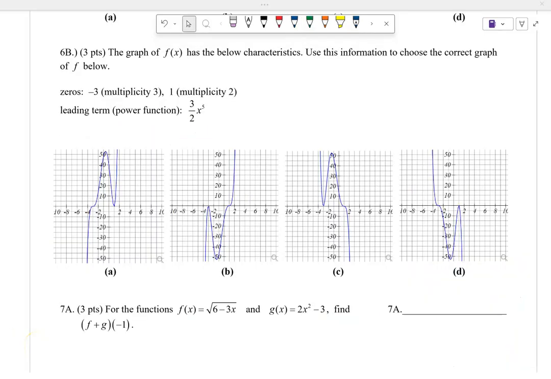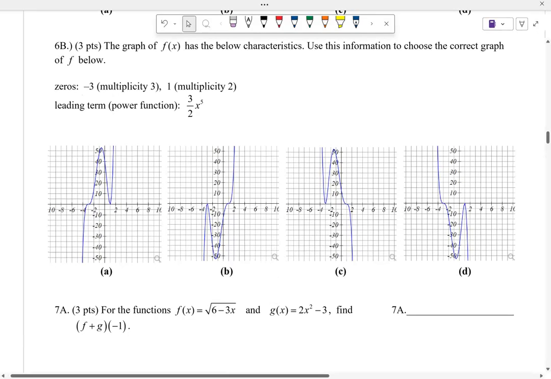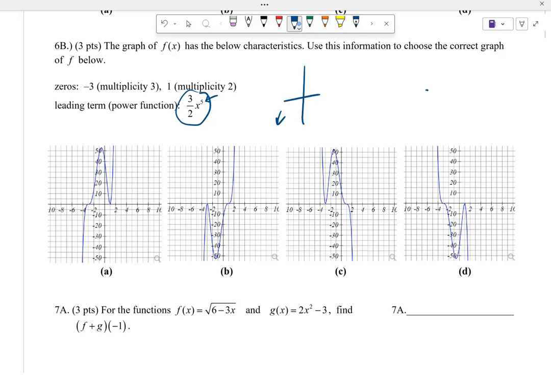All right, on 6b, it looks like we have these characteristics. Use the information to choose the correct graph here as well. The first thing I'm going to look at is this power function. It's an odd degree, so it's either going to behave like x cubed with a positive leading coefficient, or if the leading coefficient's negative, it'll go up to the left, down to the right.